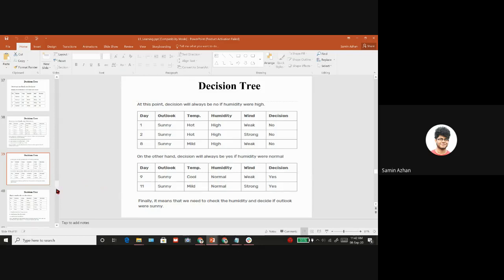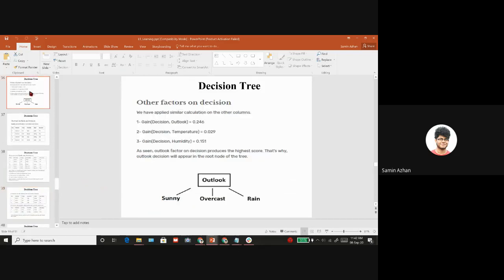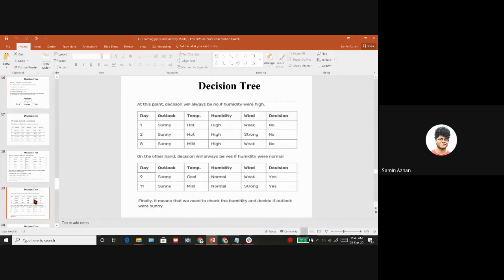So after outlook is equal to sunny, we add a node here called humidity, and then if humidity is equal to high, we can come to the decision no, and if humidity is equal to normal, we can come to the decision yes.